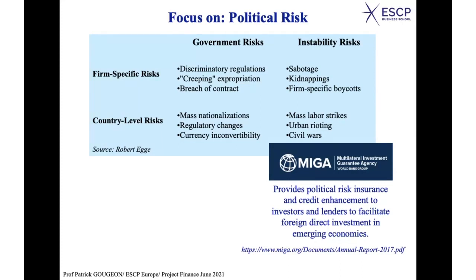It's a kind of credit insurance, providing a guarantee for lenders in case of political risk, to investors and lenders to facilitate foreign direct investment in emerging economies. If I remember well, I gave you a document about this, but if you want to read more about that, you have the website, which is indicated below.